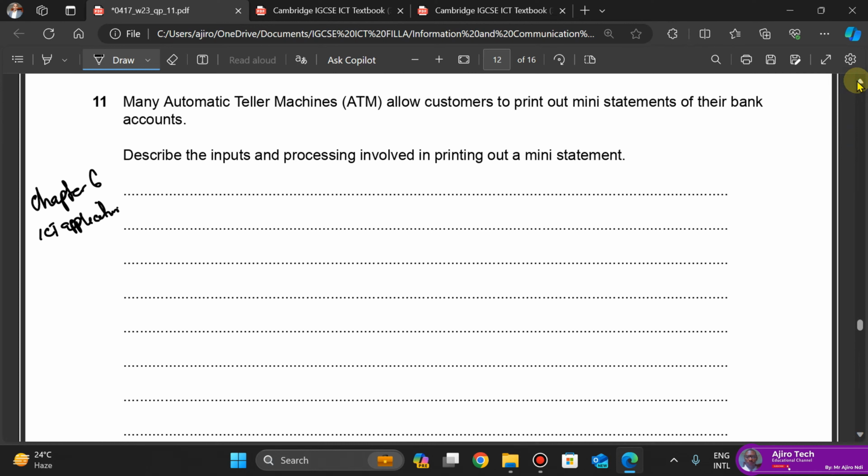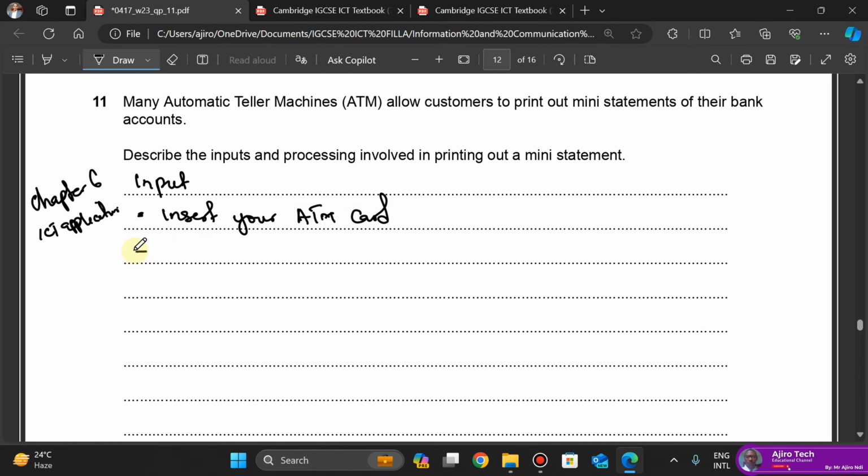The first thing you do, they said describe the input and processing involved. Let's start with the input. You insert your ATM card. This is practical and it's there in the textbook.